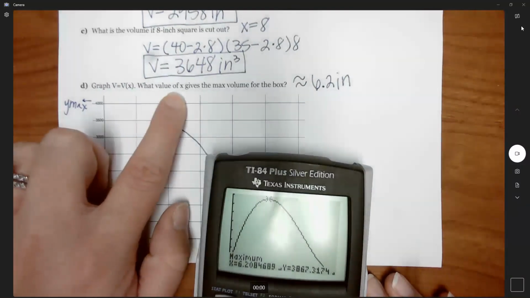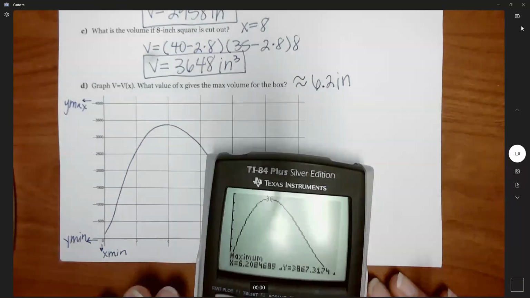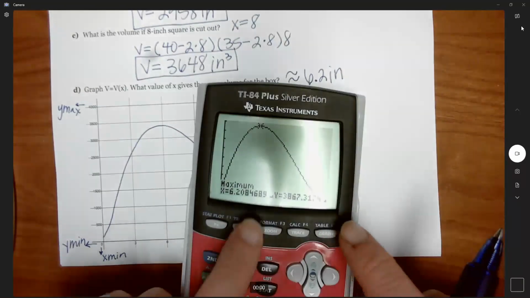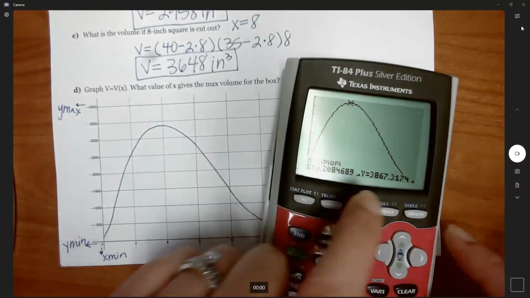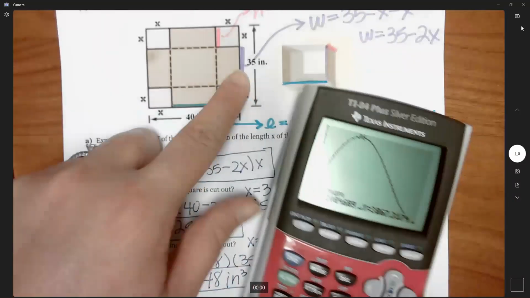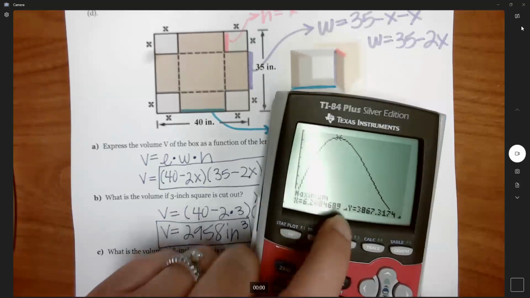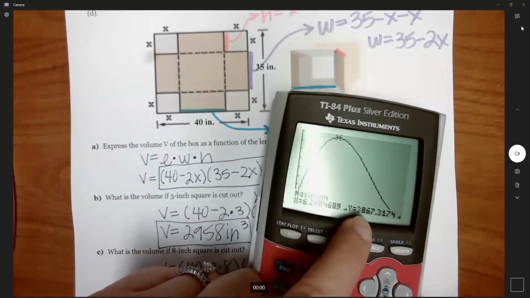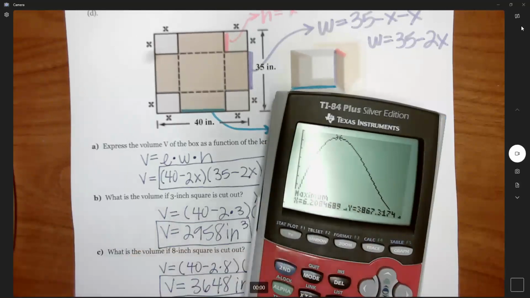So what value of X gives the max volume for the box? That's 6.2 inches. And then the max volume that you can get with a piece of cardboard that's 40 by 35 inches is 3,867 inches cubed.